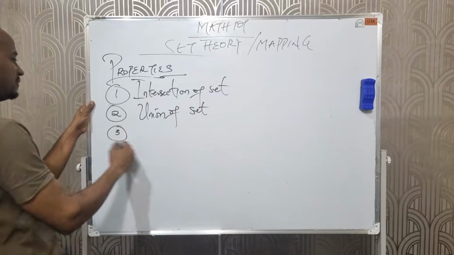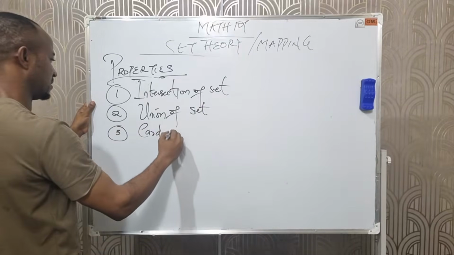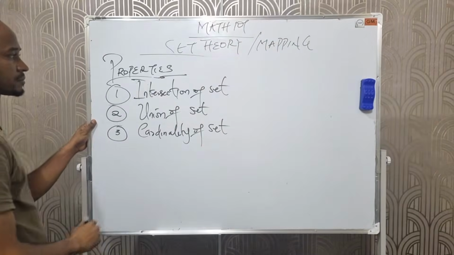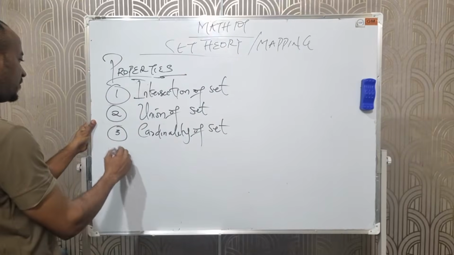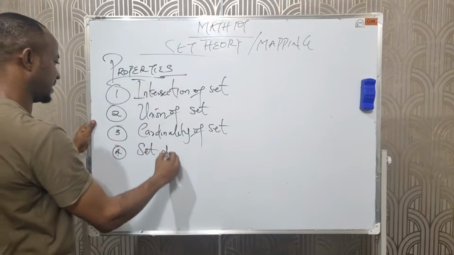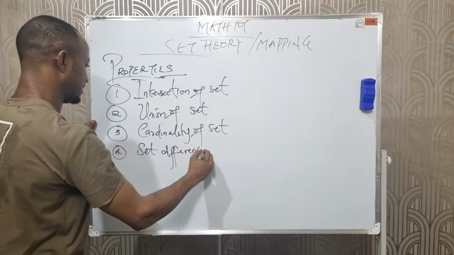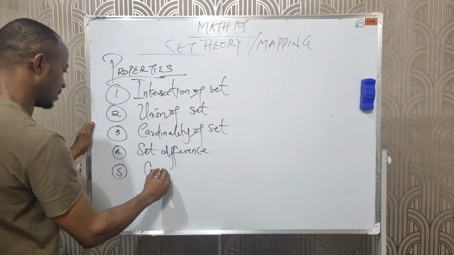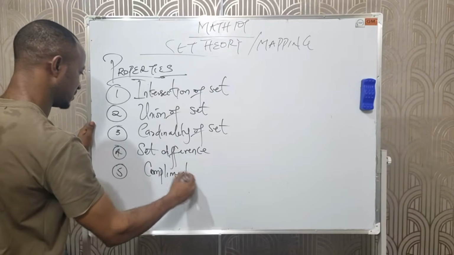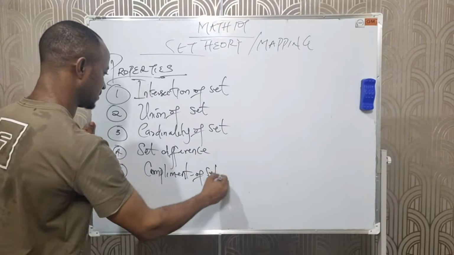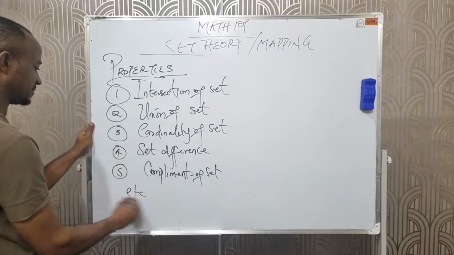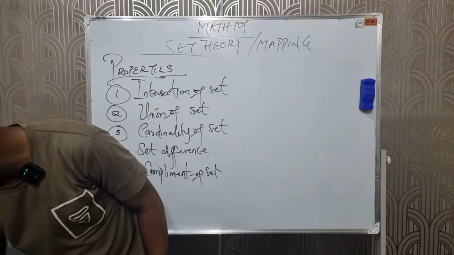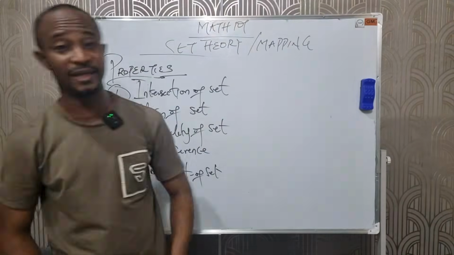Number three, we have cardinality of sets. Number four, we have set difference. Number five, we have complement of sets, etc. I will briefly explain these, then we can proceed. I won't talk much on this.